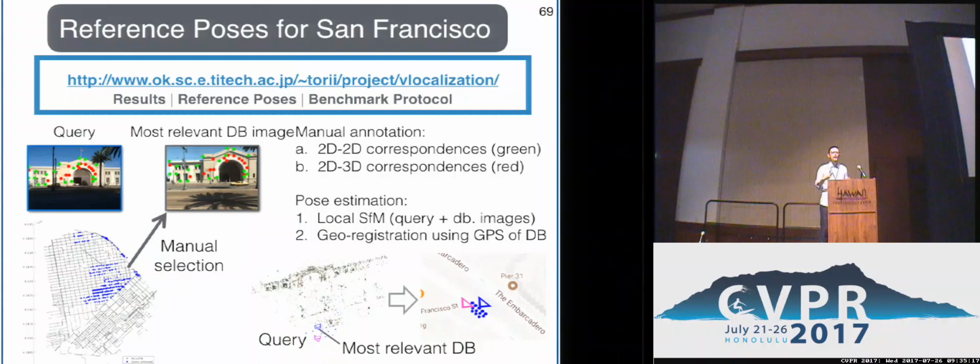But they provide only the labels, and there were no ground truth camera poses. So in this work, we manually made the feature labeling and computed the ground truth camera poses for the query images. Now we can fairly evaluate 2D versus 3D methods.